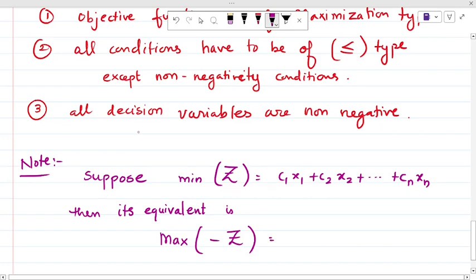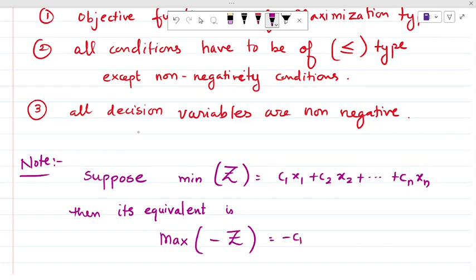If we say that, then all these terms will become negative: minus c1 x1, minus c2 x2, and so on up to minus cn xn. Okay, so this is what is meant by the equivalent thing that you need to do.